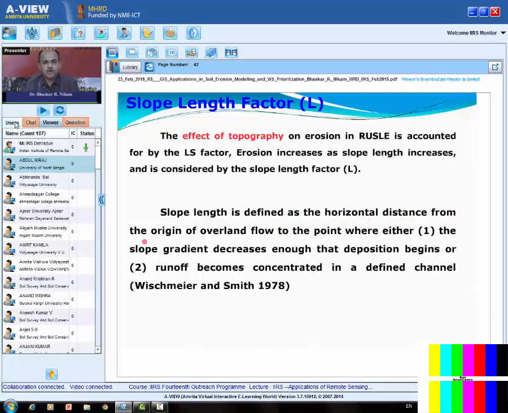It is the horizontal distance from the origin of overland flow to the point where the gradient of slope decreases enough that deposition begins, or the runoff becomes concentrated into defined channels. So the horizontal distance between the point where your surface runoff begins and any one of these points is called the slope length.